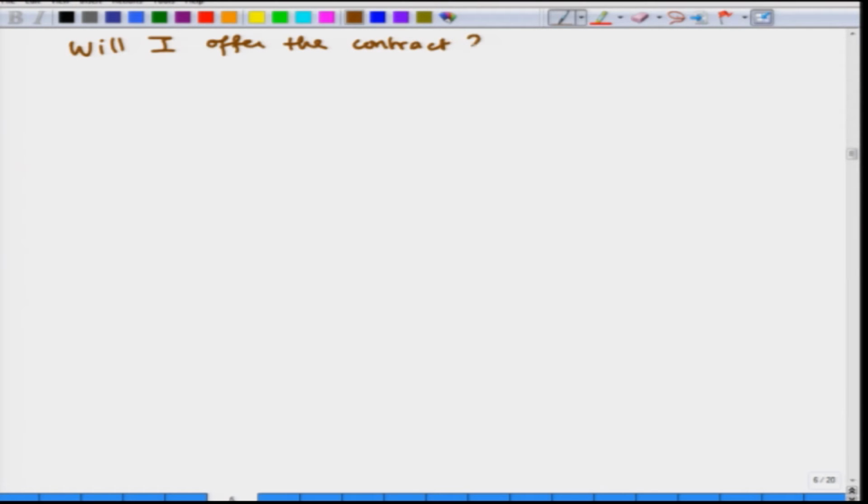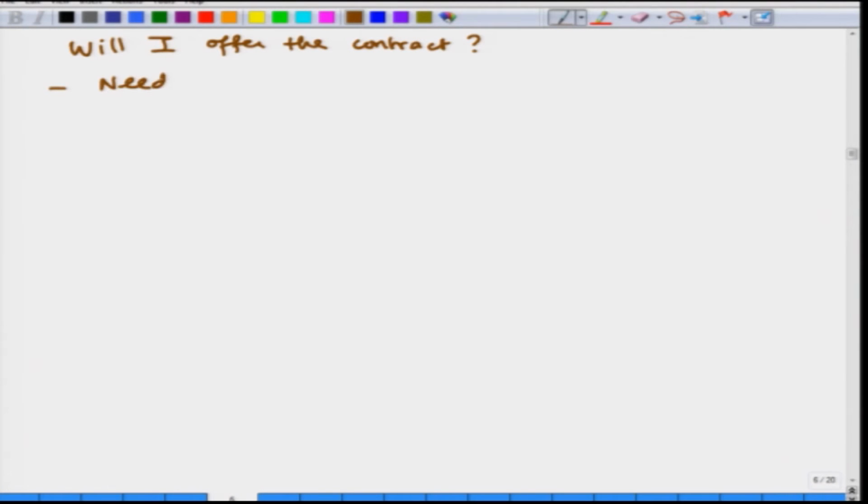Now, to answer this we need to ask what is the incumbent's profit in the absence of the contract, what is the incumbent's profit with the contract, and does the contract give the incumbent a larger profit compared to the case of no contract. If yes, then the incumbent would like to offer the contract. Okay.